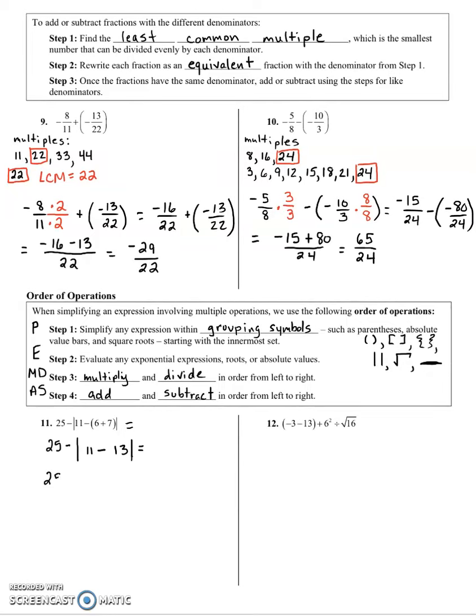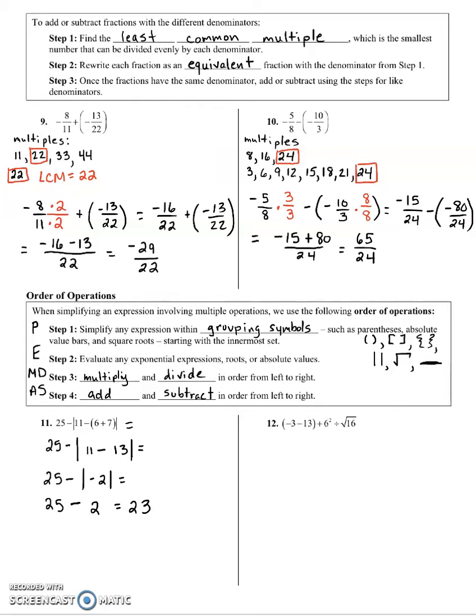So 25 minus the absolute value, 11 minus 13 is negative 2. Now we evaluate the absolute value. So remember, the absolute value of anything is positive. So that's 25 minus this whole absolute value of negative 2 becomes a positive 2. And 25 minus 2 is 23. So that's our final answer for that one.